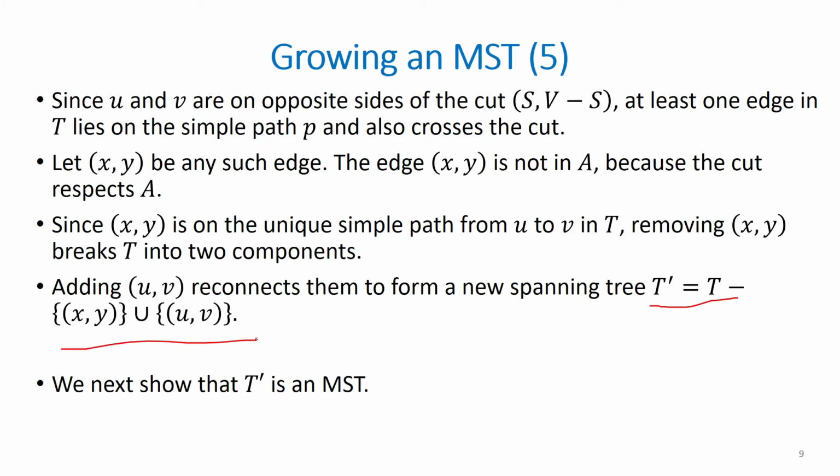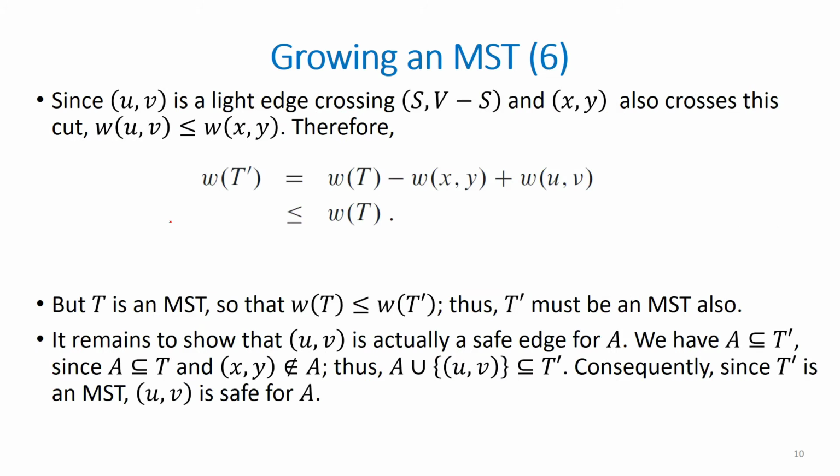What remains now is to show that this T prime is in fact an MST. We know that edge UV is a light edge crossing the cut, and edge XY is another edge that also crosses this cut. Therefore, since UV is the light edge, the weight of UV would be less than or equal to the weight of XY.